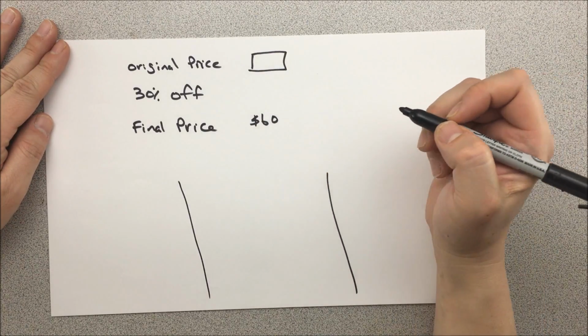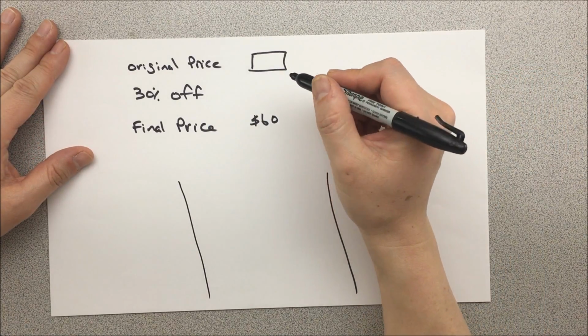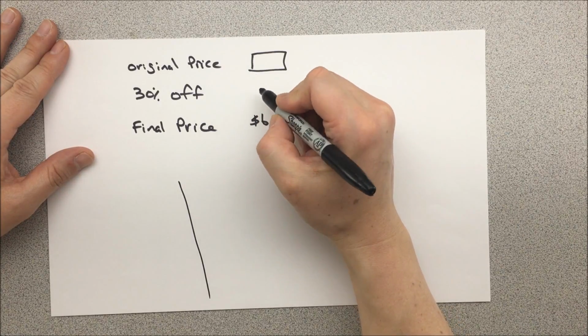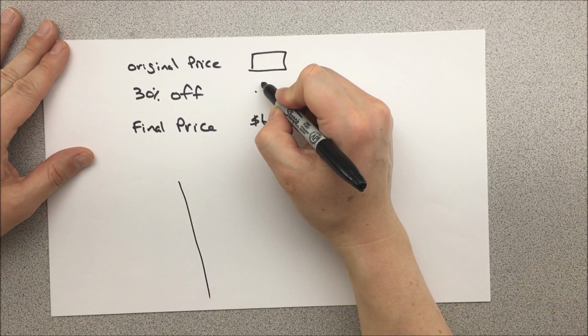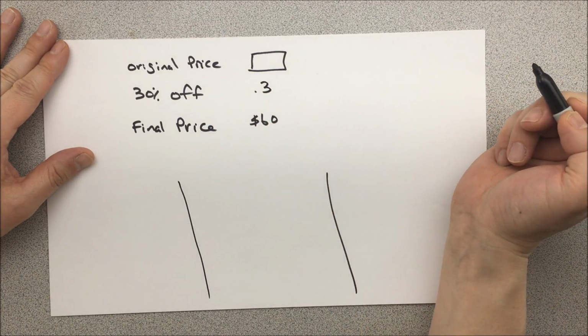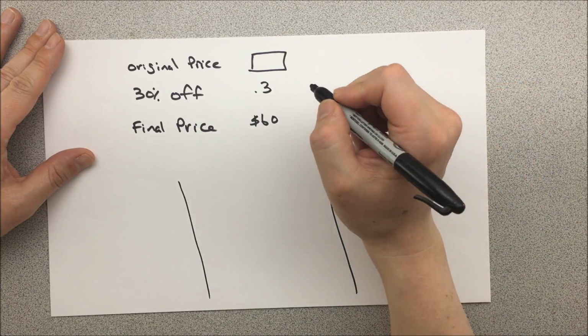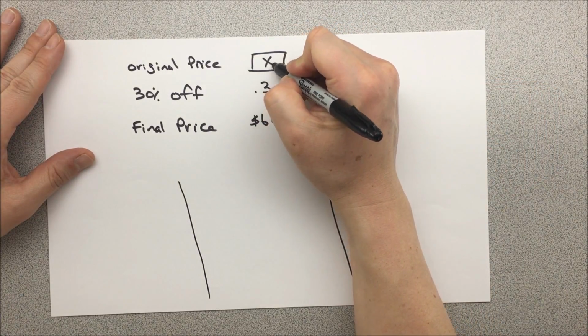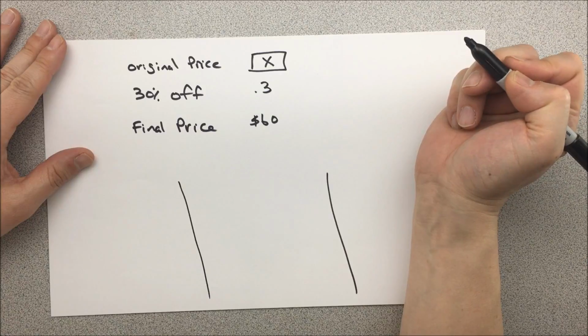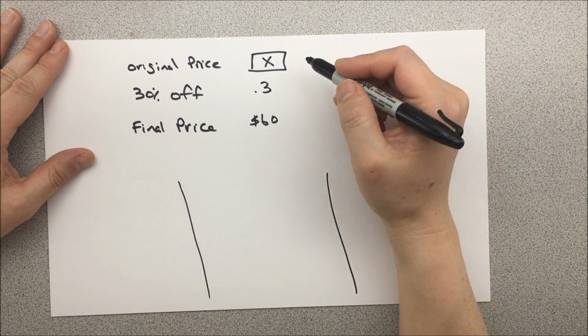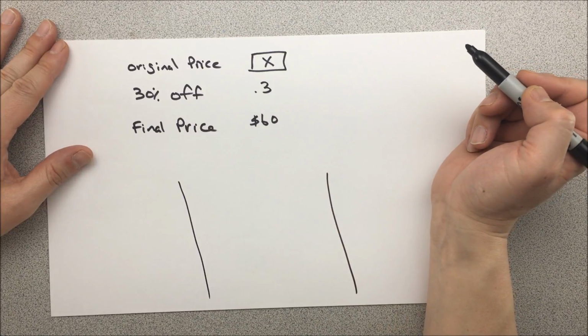I feel the best way is to lay out the problem the way that you solved it originally, that 30% off is the same thing as multiplying by 0.3, and to define your variable. For example, you can say that x equals the original price, and from there hopefully your child can understand how to solve for this variable.